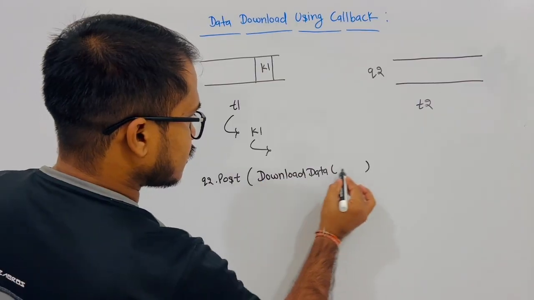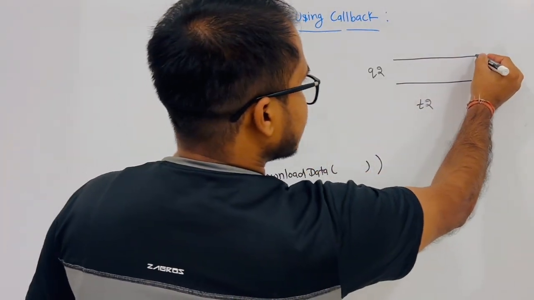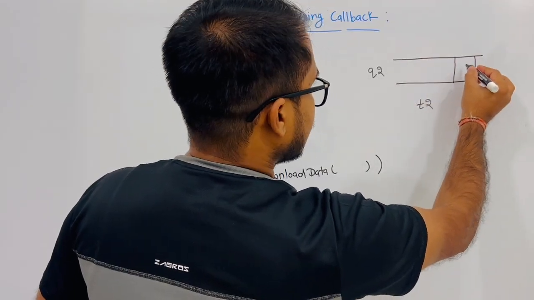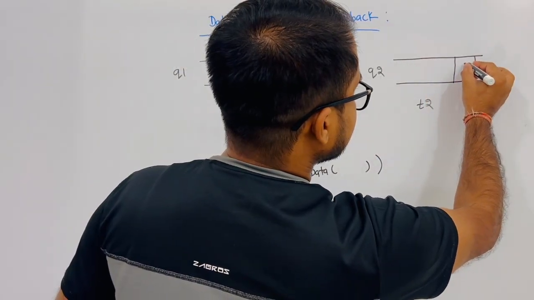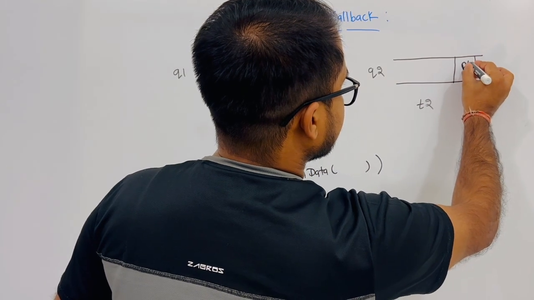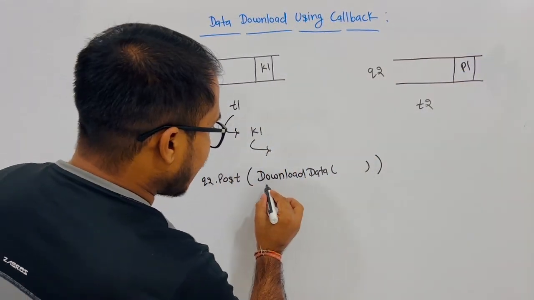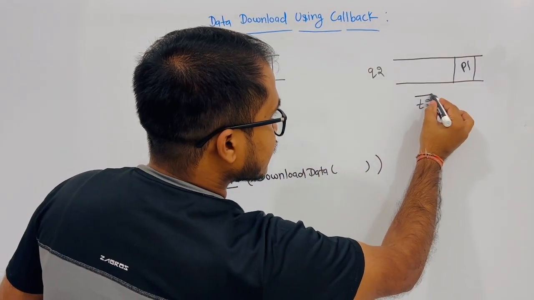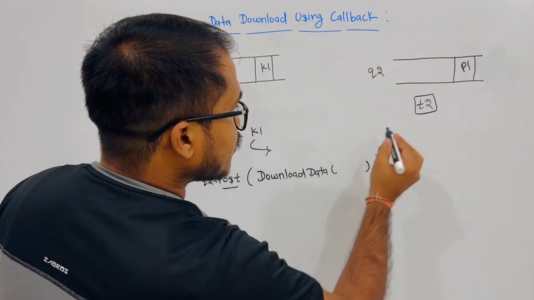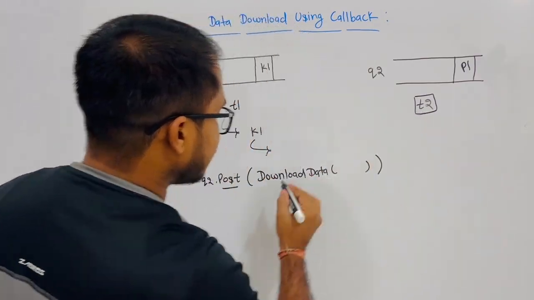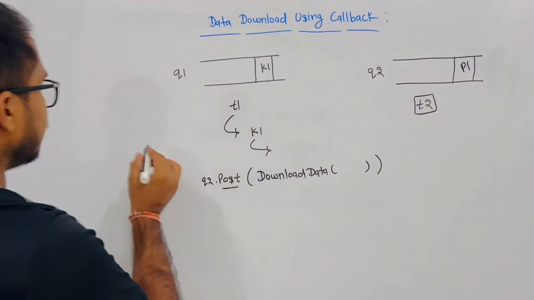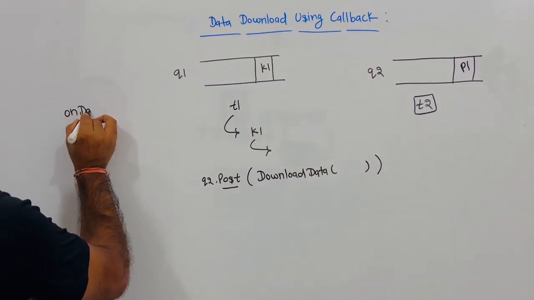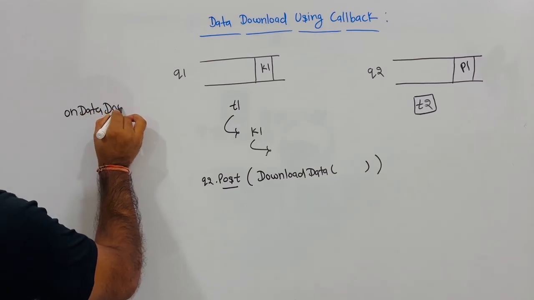q2.post inside this particular thread T2's thread queue, and I am calling this task as a task P1. And when I will post this particular task, at that time I'll tell this particular thread T2 that when data download is done, at that time call a function, which let's say I'm calling that function as on data download.